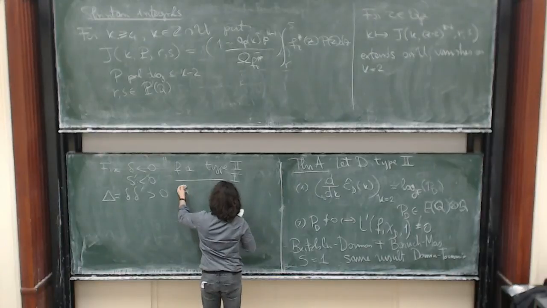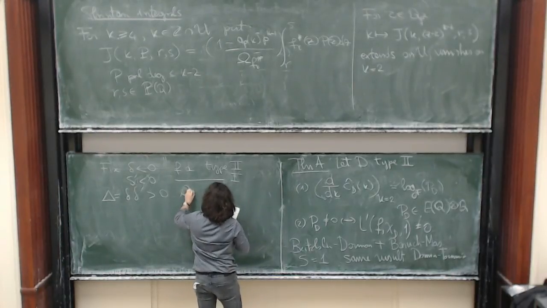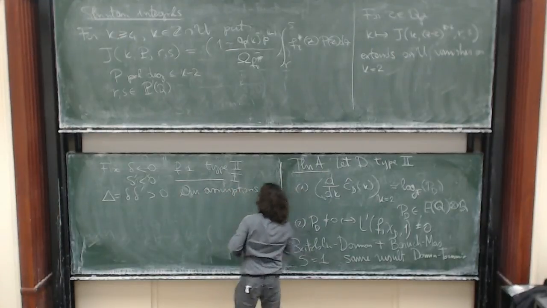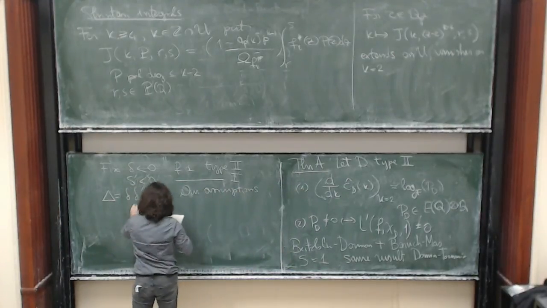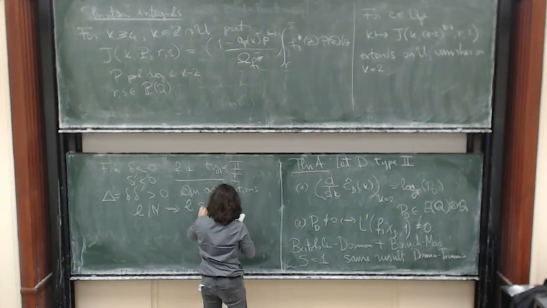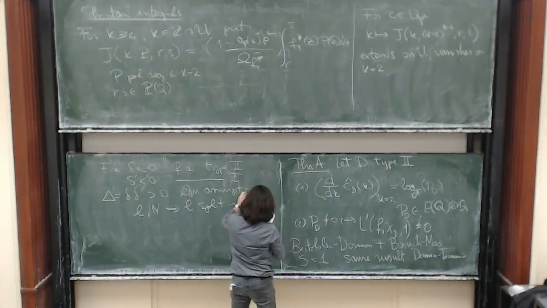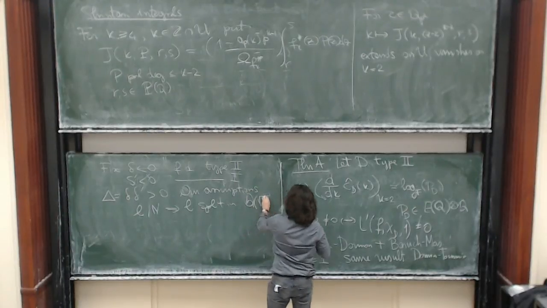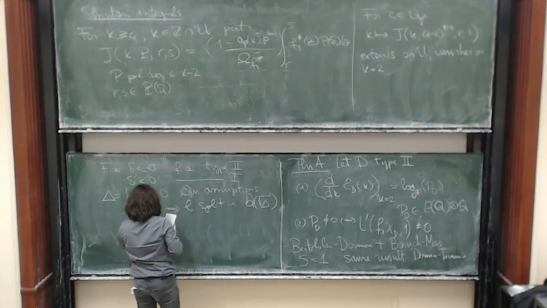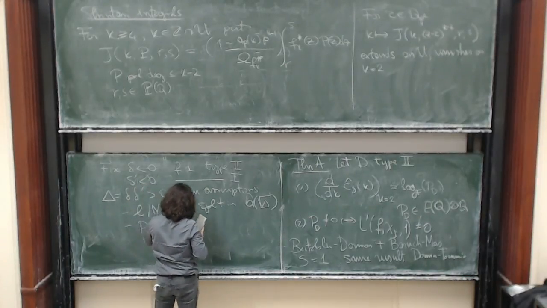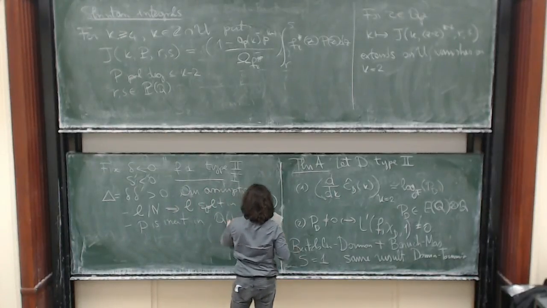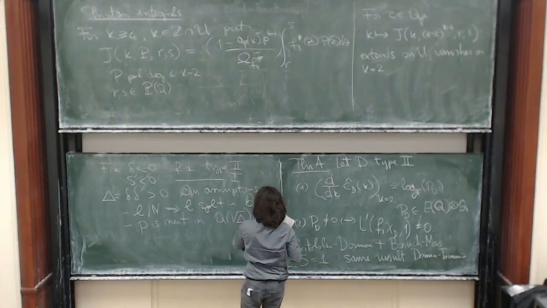So our assumptions imply the following: if l divides N, then l is split in our quadratic field Q of square root of Delta. This is the first thing, and the second thing is p is inert in Q of square root of Delta.